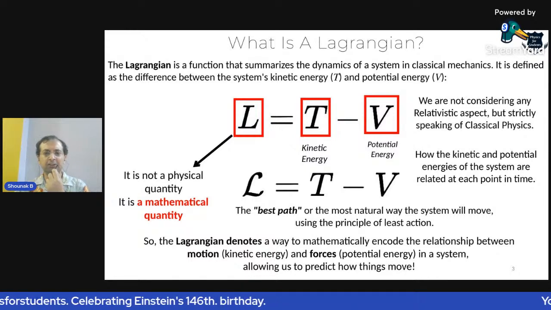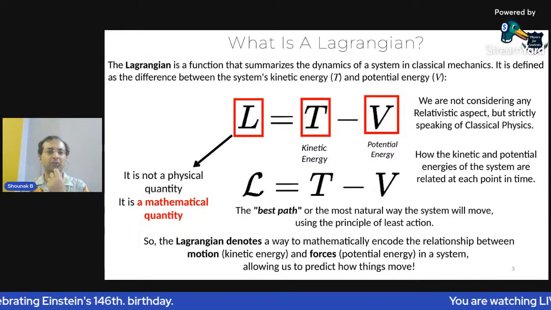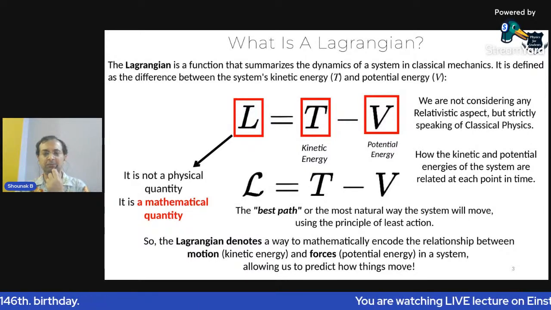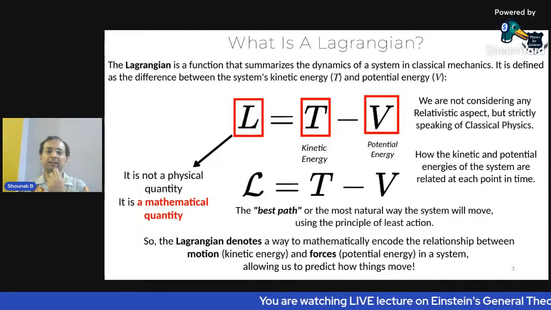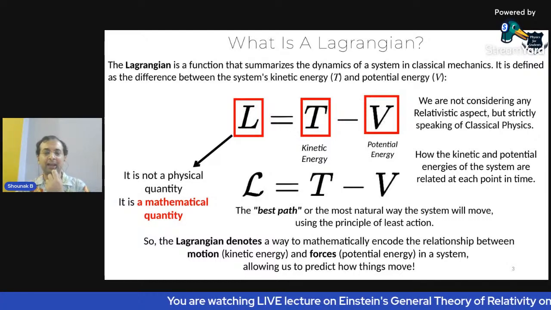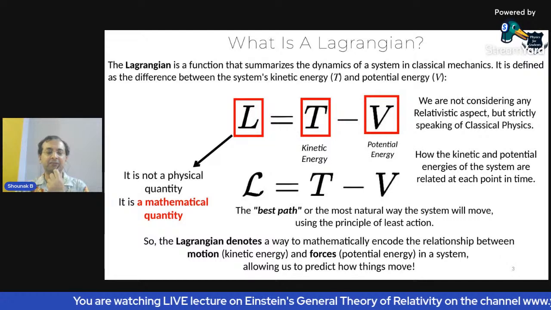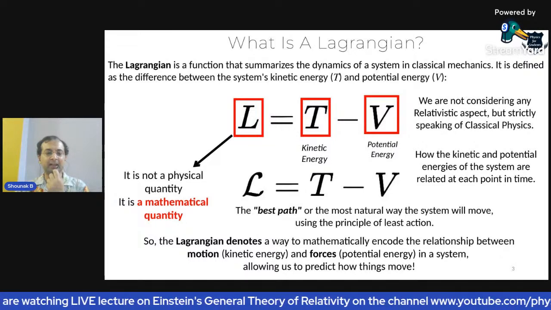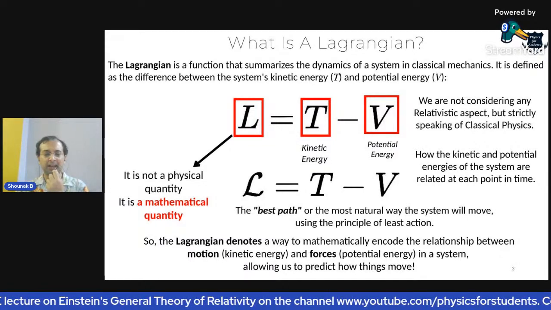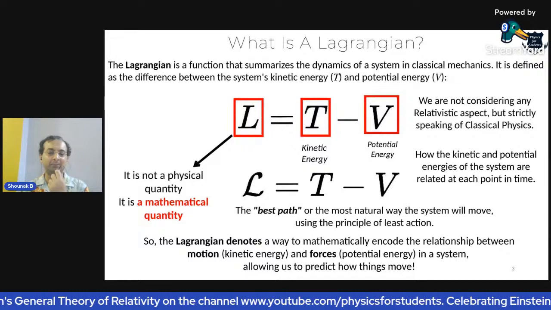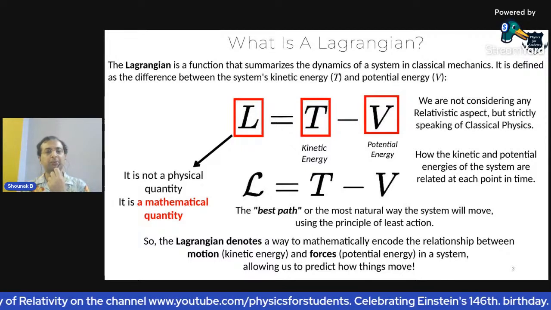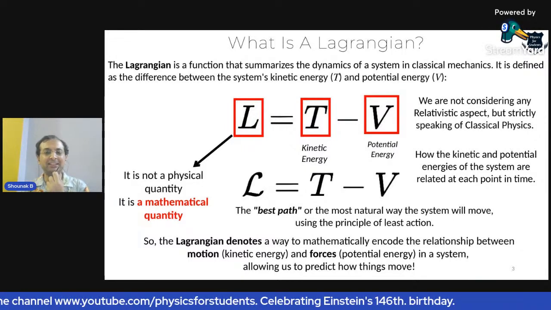Now, here you see that when we talk of the Lagrangian as a whole, T minus V, there are a few things we need to understand. L, the Lagrangian, is not a physical quantity. It is basically a mathematical quantity. To be honest with you, you really cannot see a Lagrangian.